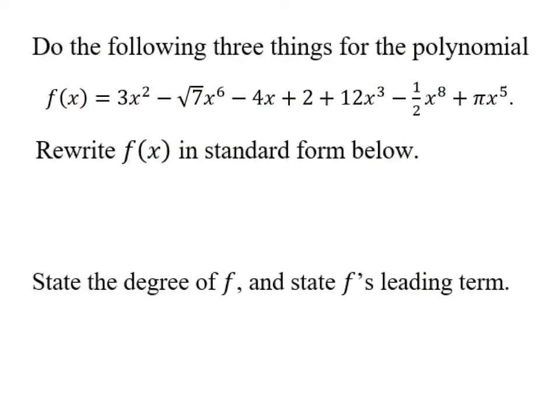So having covered that, why don't you do some of this to the polynomial we started with. Why don't you first write it in standard form, okay? And then state what the degree is and what the leading term is for our polynomial f up here. Pause the video and do that.